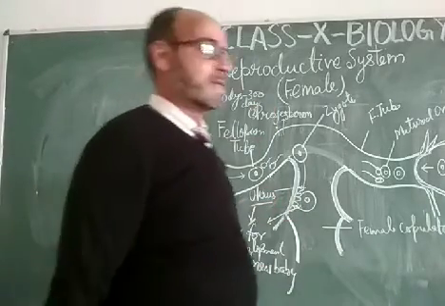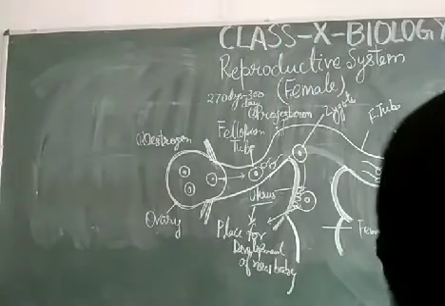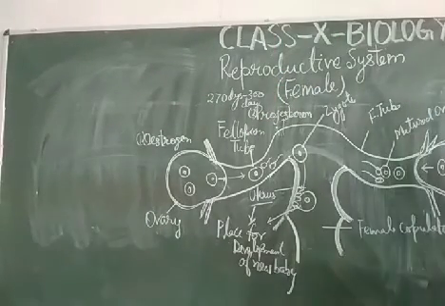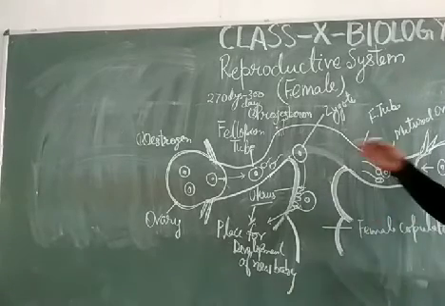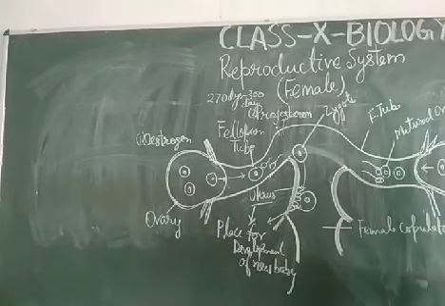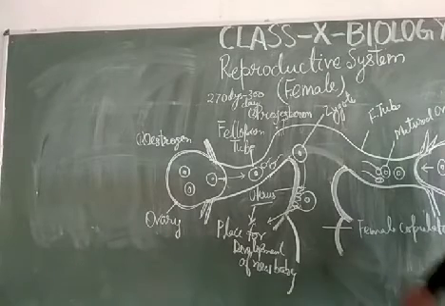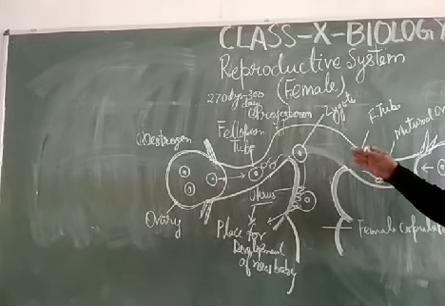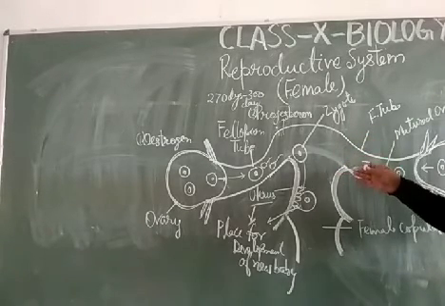My dear student, this is the process of reproducing a new individual by the female, and as far as birth control is concerned, let us understand it by this diagram itself.